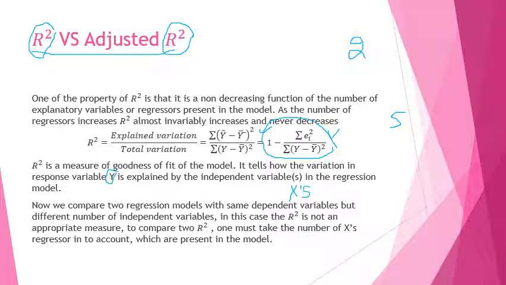If there were two independent variables in both models, then we could compare the two regression models, but this is not the case. So in this situation, we want another measure which will take into account these independent variables.